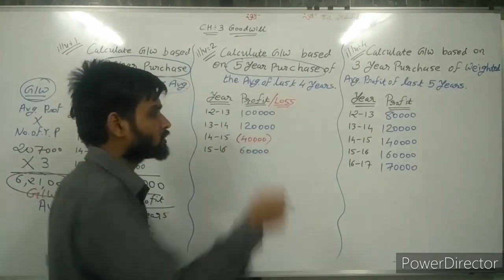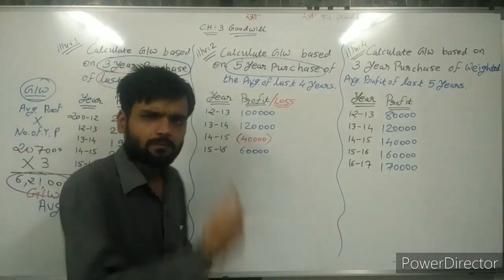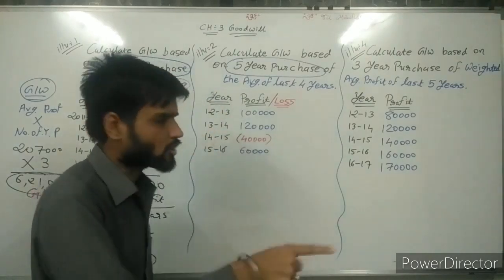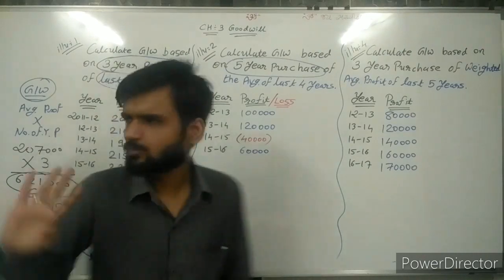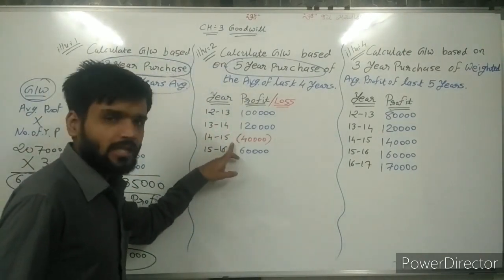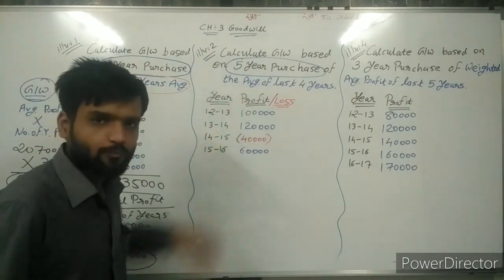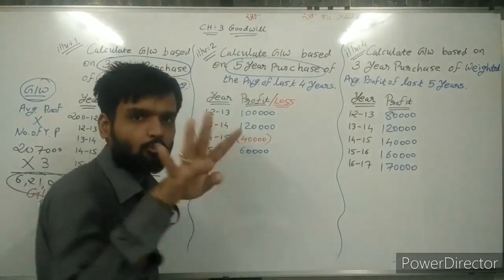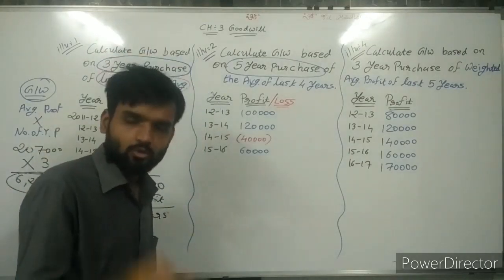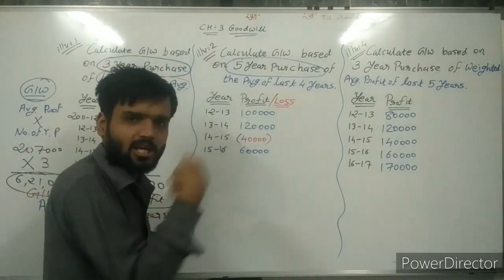And we need to find the average of these 4. So why have I taken this sum? Only and only because of the loss. Otherwise both sums are the same. Whenever a loss is given, when you are making the total of these 4, you have to deduct this 40,000 rupees. You don't add it. To make you understand this thing only, I have taken this sum.